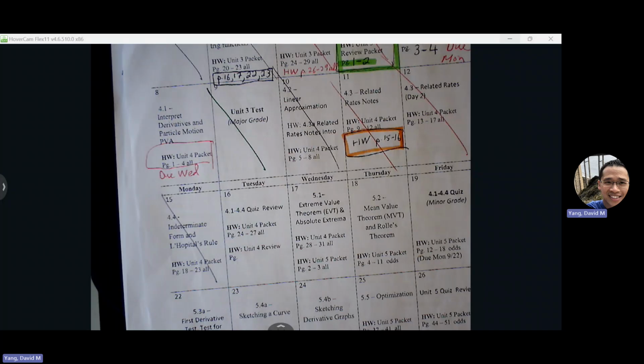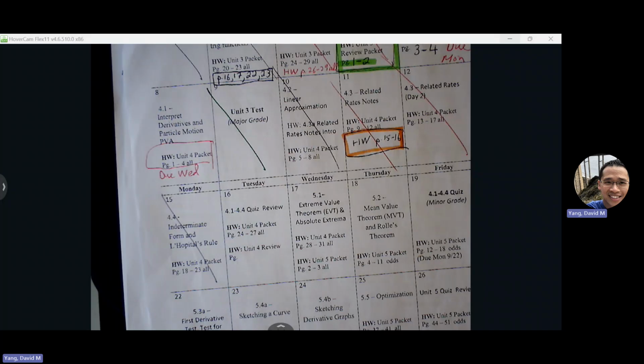We'll get information about the first and second derivative and be able to sketch a curve, and we'll interpret a derivative graph as well. Then we'll end up with our final topic, which is optimization. It's kind of word problem like, similar to related rates, but really you just find the derivative, find the critical point, and then use that critical point to find your answer.